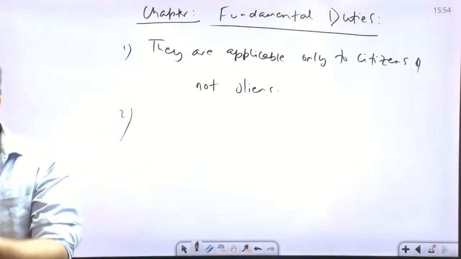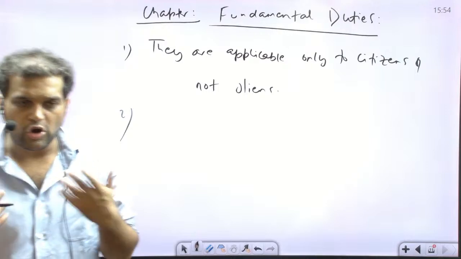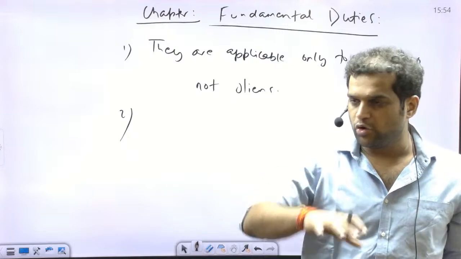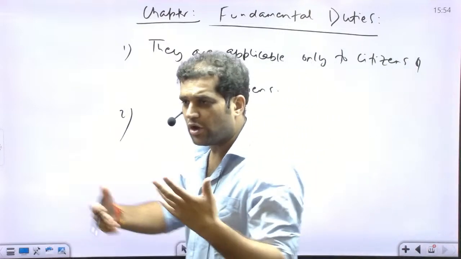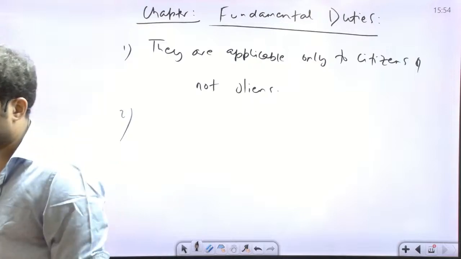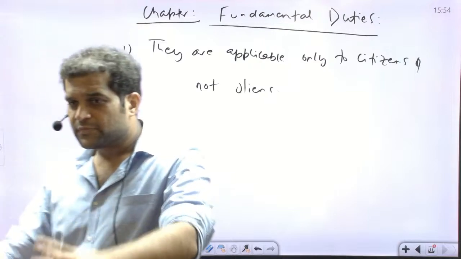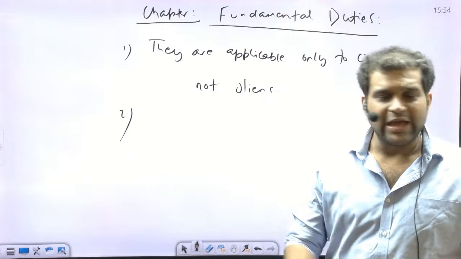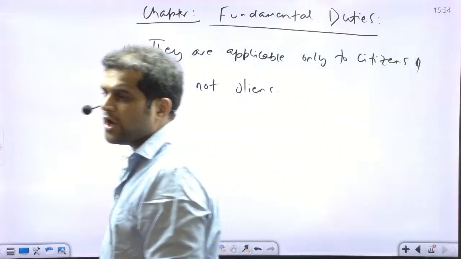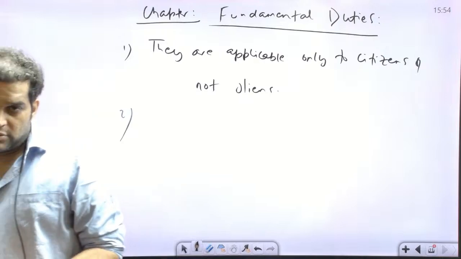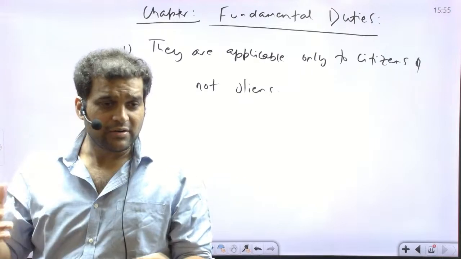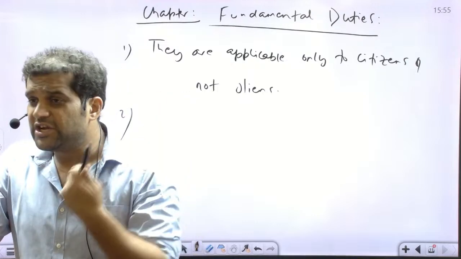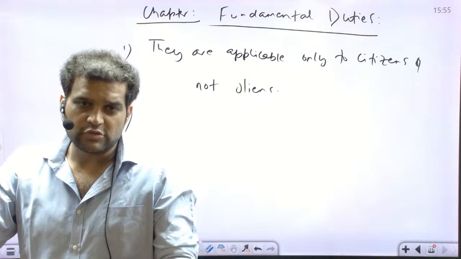But we do these duties anyways, out of our moral obligation and the way that we have been brought up in our society and in our homes, and by the civic sense that we all have regarding our society and our country. Getting my point? Yes? So it's a set of, as of now, 11 such duties. Like, for example, another duty is to protect our environment. To protect our ancient monuments is also one of the duties.